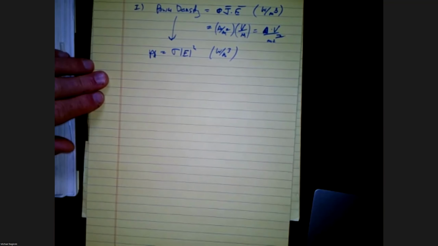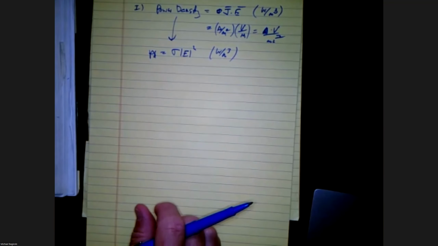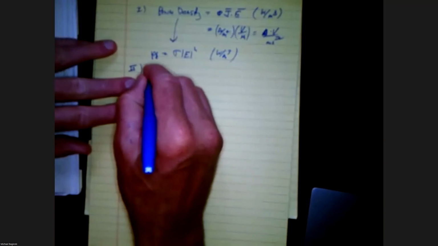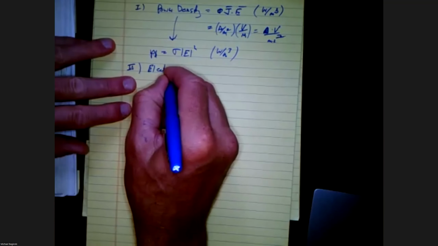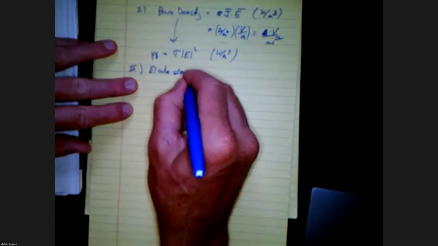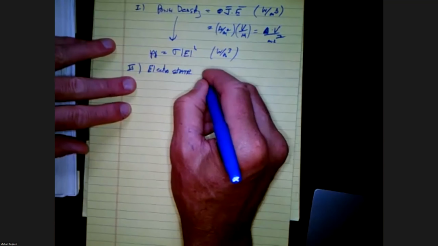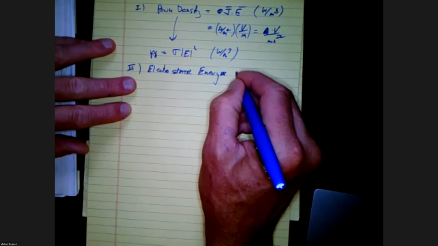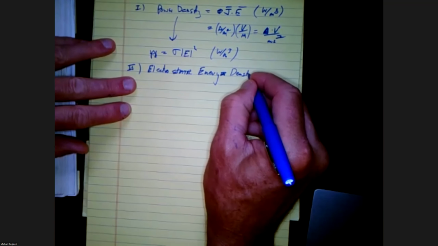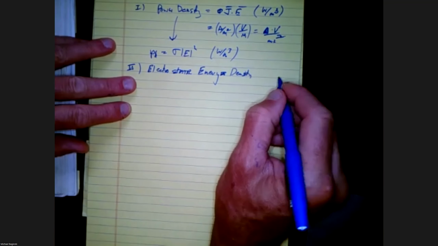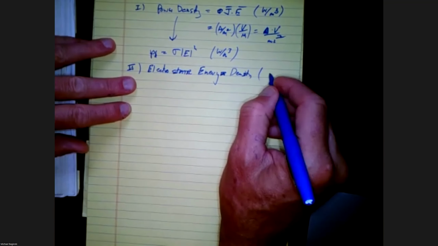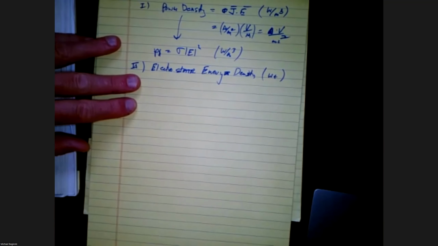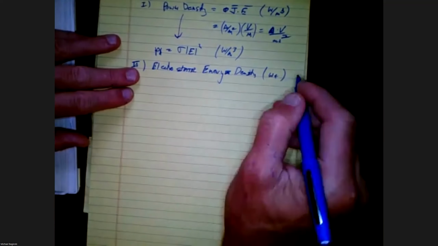Now, when we have electrostatic fields, we also have an electrostatic energy density. So write it down, the electrostatic energy density. That's usually given the symbol small W E. Work and energy are interchanged, but this is a density too.